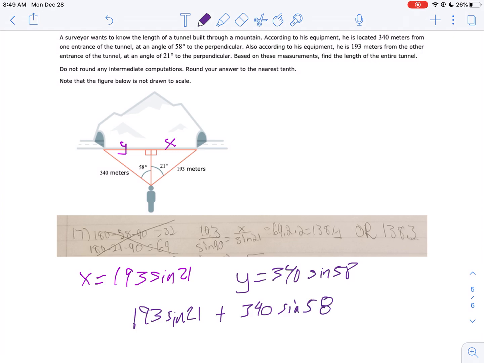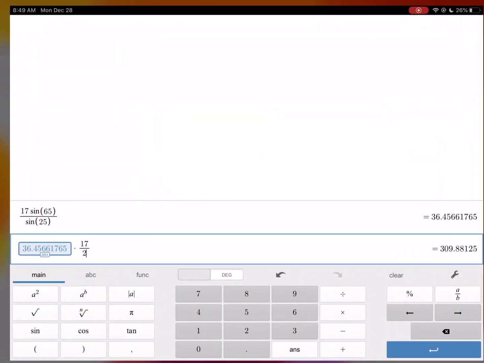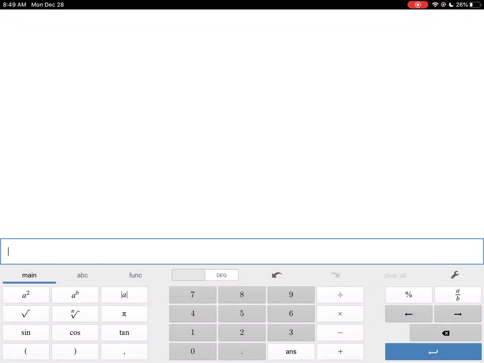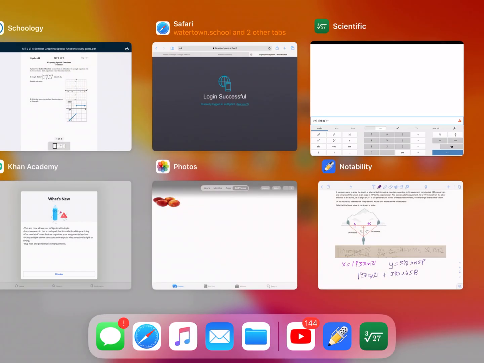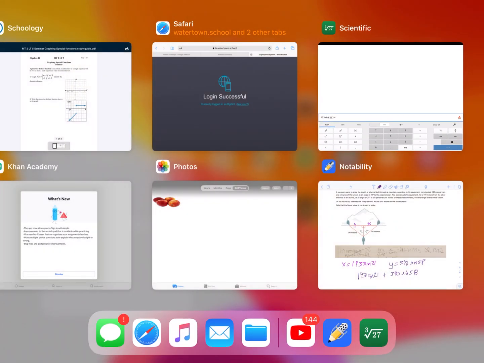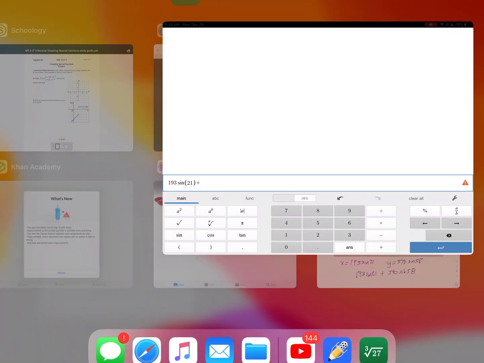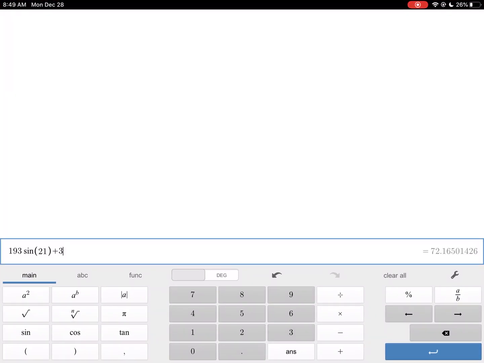Well, let's go ahead and do that. 193 sine 21 plus, we're going to go 340 sine 58. And you get 357.5.